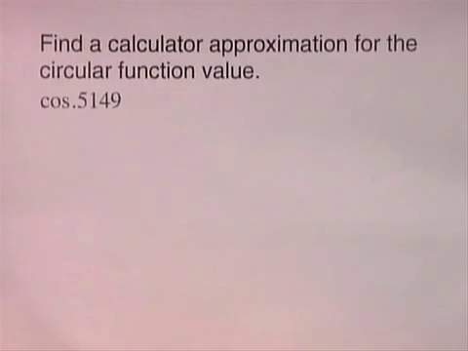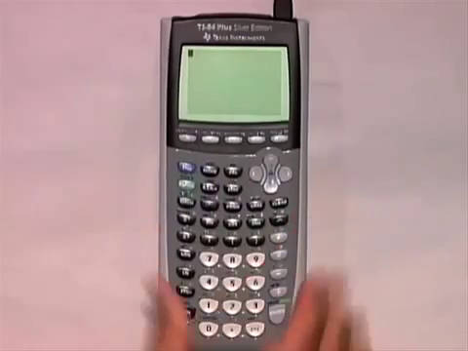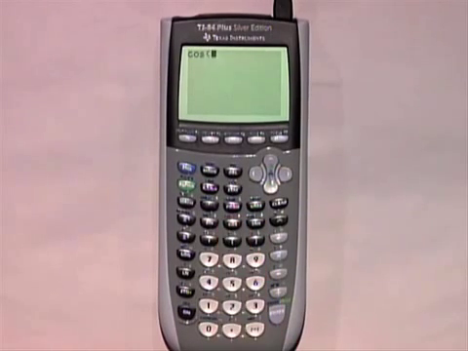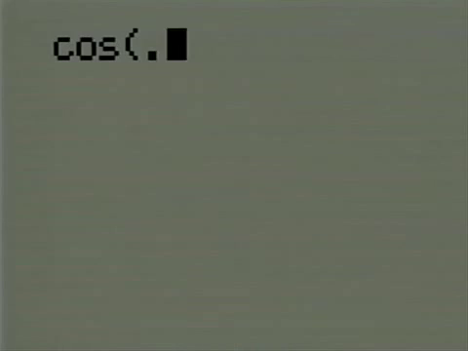This time it's for the circular function value cosine of 0.5149. So let's bring in the calculator, and we will press the cosine key and then enter in the number 0.5149. This time I'm not going to press and close the parentheses, but simply hit enter.